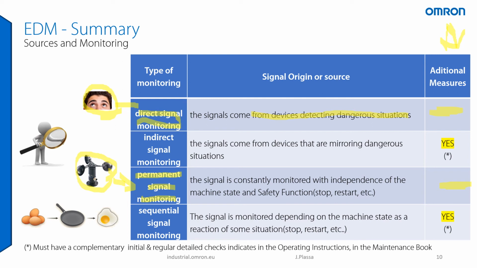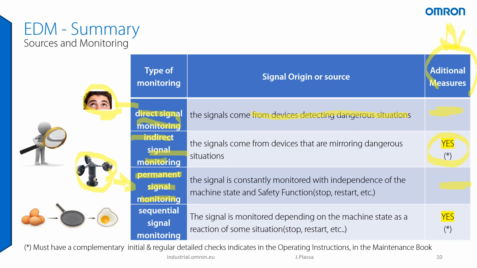Nevertheless, when we are doing indirect signal, like mirror contacts, and we have an unlinked mechanical information, we need to add additional measures. That means the initial check when the machine is started and the regular check must be detailed in the operating instructions and in the maintenance book.